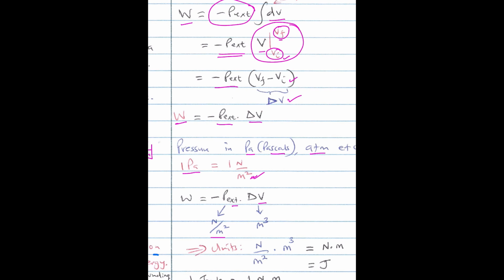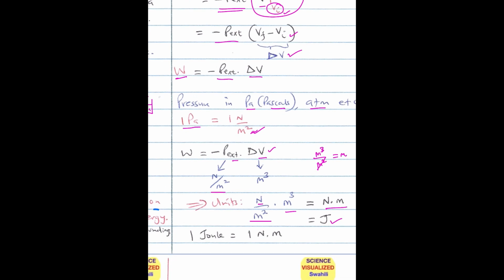So basically you end up with P external, which is 1 Newton per meter squared, times change in volume, and we know volume is measured in meters cubed. And when you put those together, you have meters cubed over meters squared. So you end up canceling that, and you just end up with meter. So it becomes Newton meter, which is joule. And there we get a definition of joule. 1 joule equals 1 Newton meter.